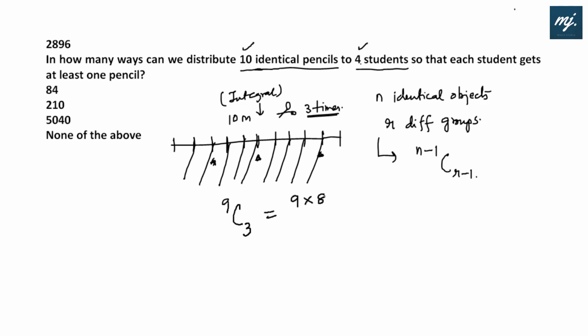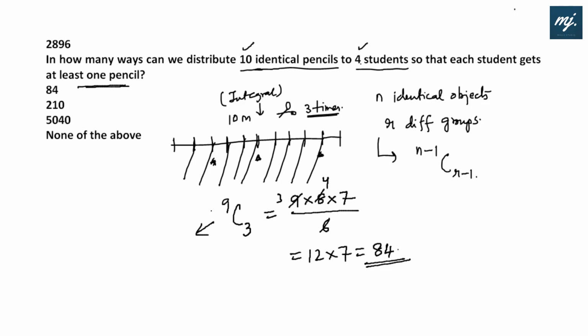That is 9 into 8 into 7 by 6, 3 2s are 6, giving 4, 12 into 7 is 84. In 84 ways this can be done. Mind you, at least 1 pencil should be given to a student, at least 1 meter should be available for each student.